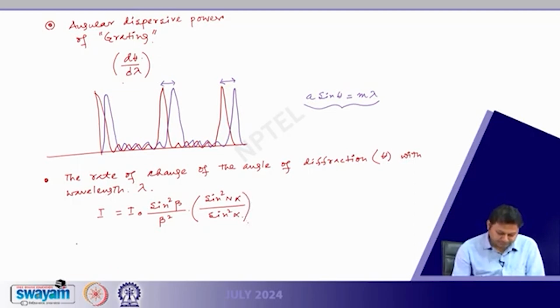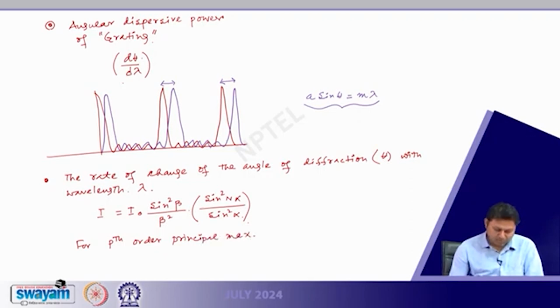Now, for pth order principal maxima, we have A sin theta is equal to P lambda, that we already mentioned here, that is the condition we have.